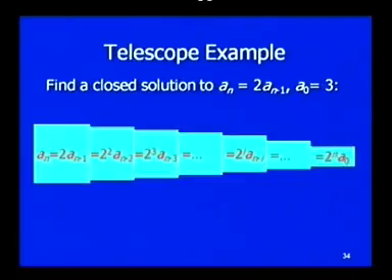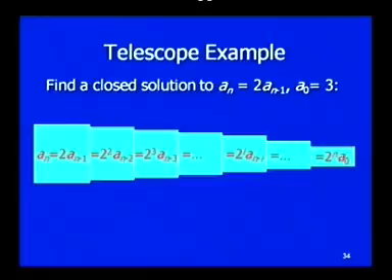This will end in 2 power n multiplied by a naught. A naught is equal to 3, that we already know, that is the initial condition. Like the Fibonacci series, you have the initial conditions 1 and 1. Here the initial condition is given in the problem itself.